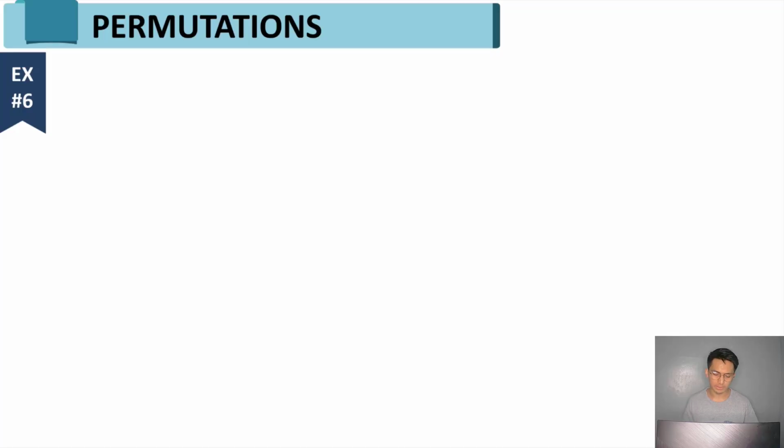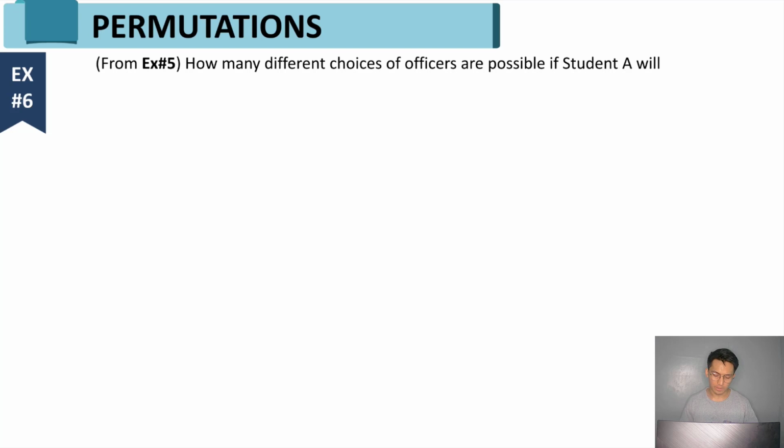For example number 6. From example number 5, example kanina na dalawa daw, president and vice president ay kukunin sa class of 26 students.